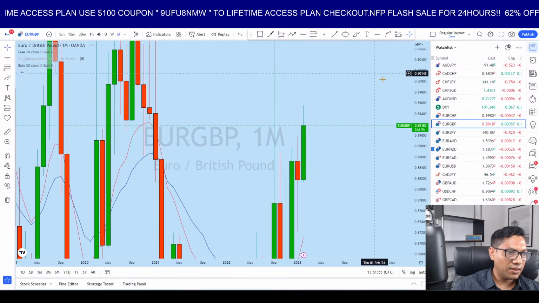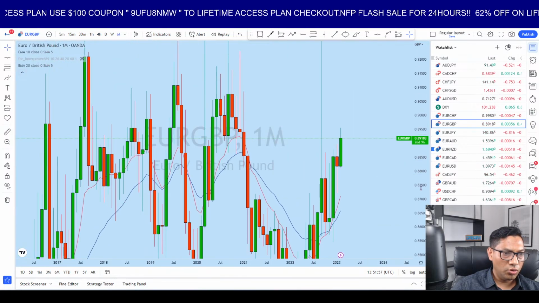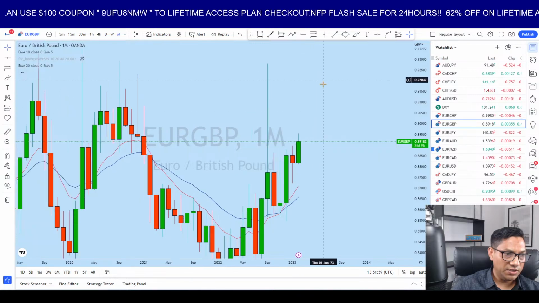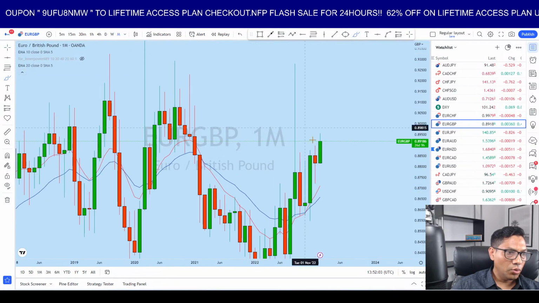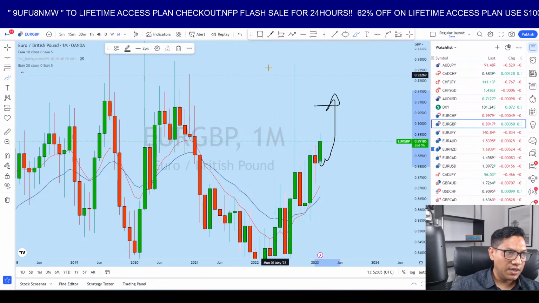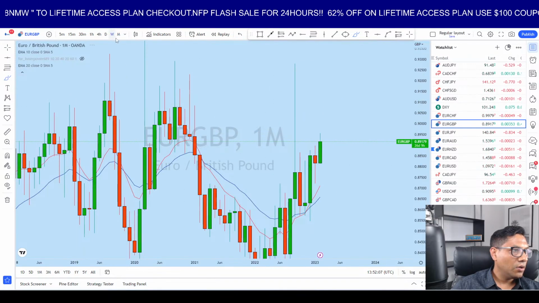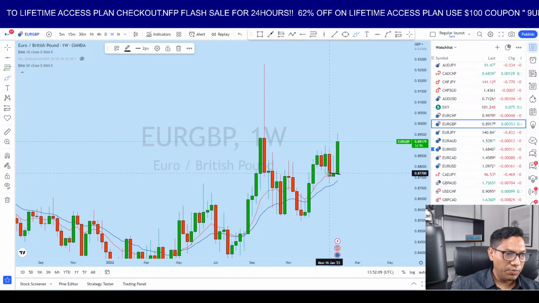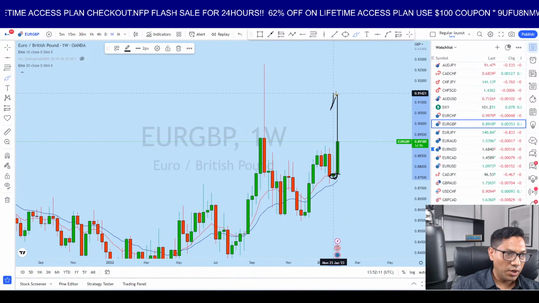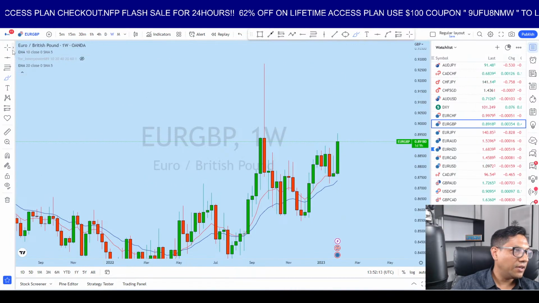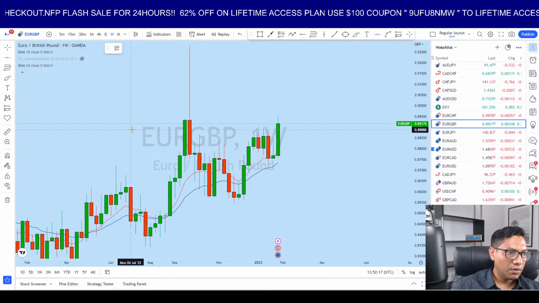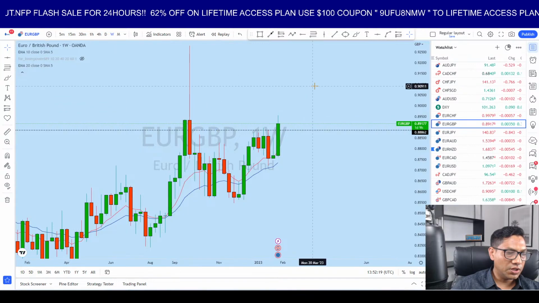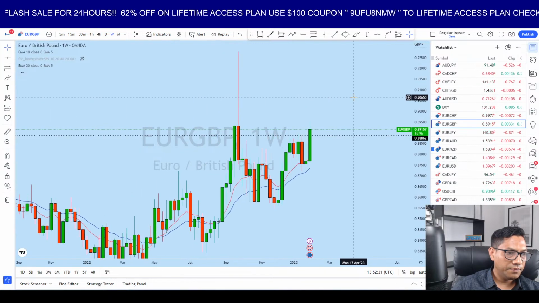If you look at the monthly, what we see on Euro GBP from the monthly perspective is, after the previous monthly doji, Euro GBP has a bounce from here. Looking at weekly with this previous weekly doji, Euro GBP also has a big move to the upside. What we see is the previous resistance zone turning into support here on Euro GBP.